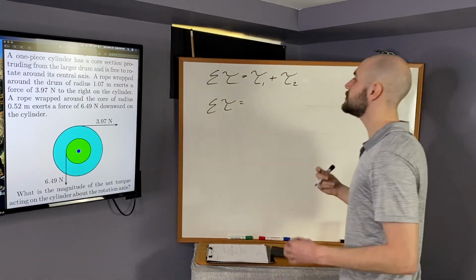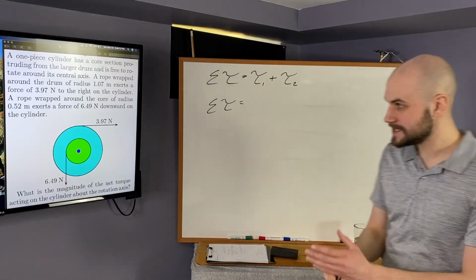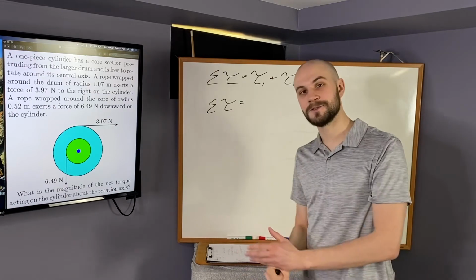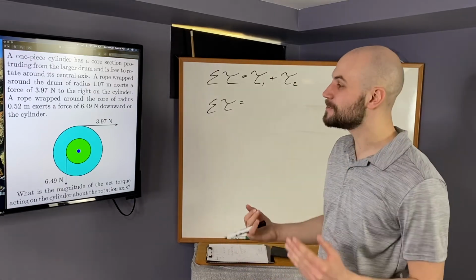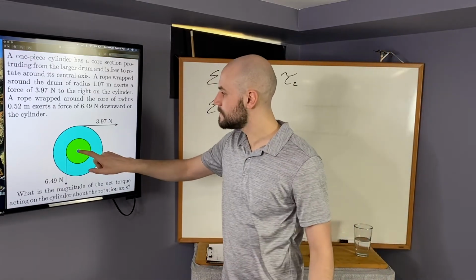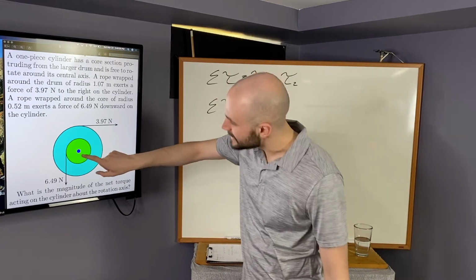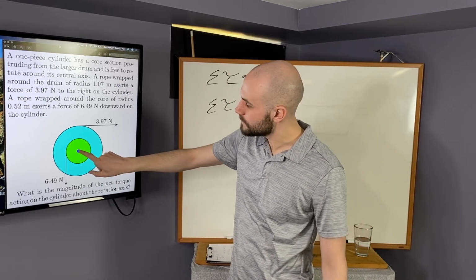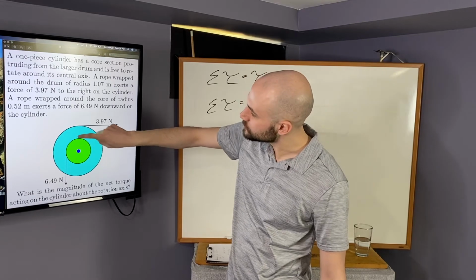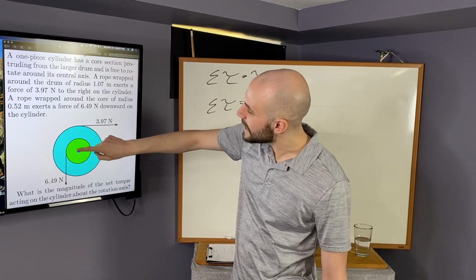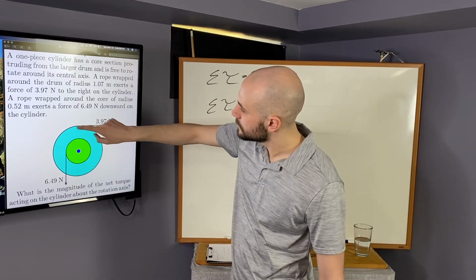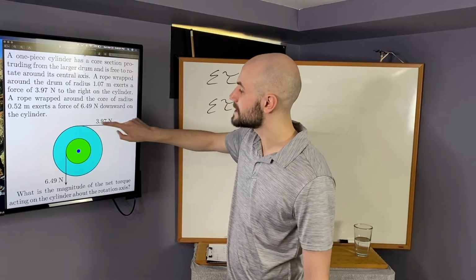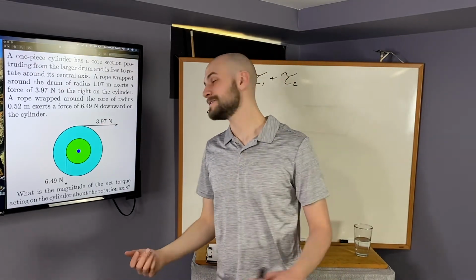For each individual torque acting on the object, we take the distance away from the axis of rotation, the magnitude of the force, and the angle between the position vector and the force vector. And as you can see, if we drew our position vector from the axis of rotation straight up to this force, this is acting at a 90-degree angle.